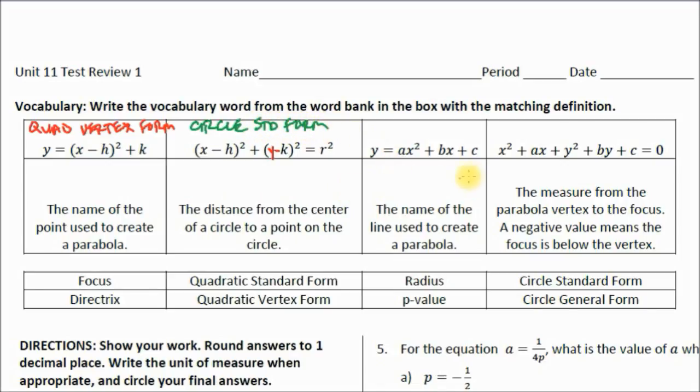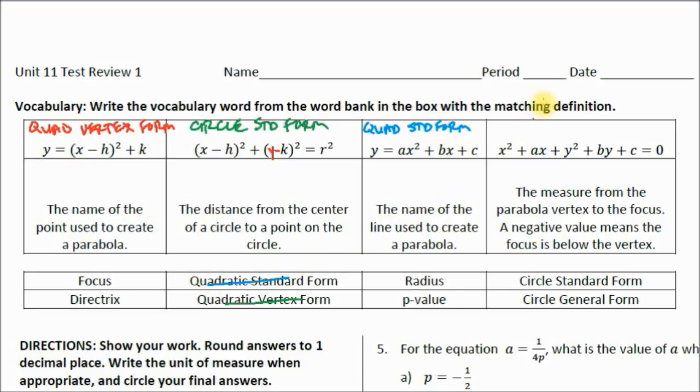Circle standard form. Alright, next one, y equals ax squared plus bx plus c. Again, we have a squared x term and not a squared y term. So this is going to be a quadratic, and we've already used quadratic vertex form. This is actually quadratic standard form. So I will abbreviate this, quadratic standard form.